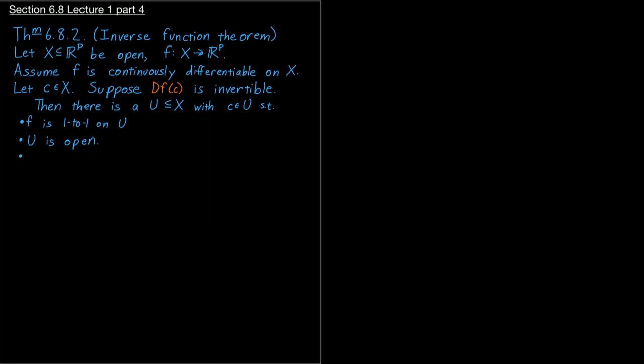It's 1-to-1 on U, and it's onto its image f of U, so it's bijective from U to f of U. It turns out that you can require that f of U is also open, and f inverse, a function from f of U back to U, is continuously differentiable.